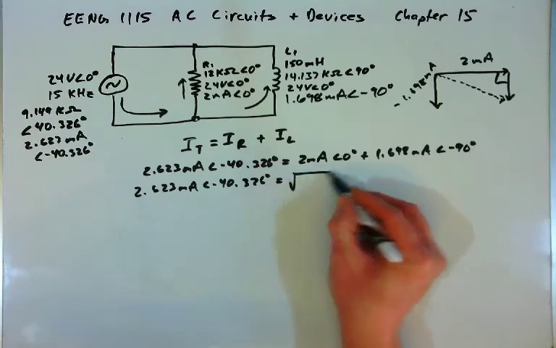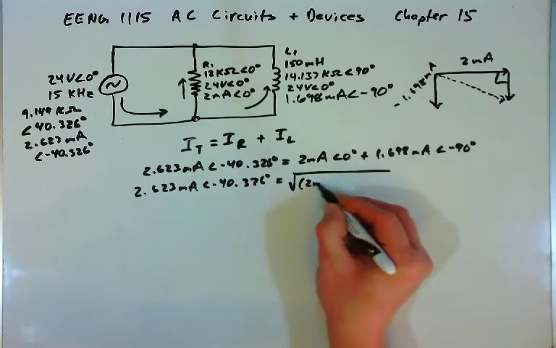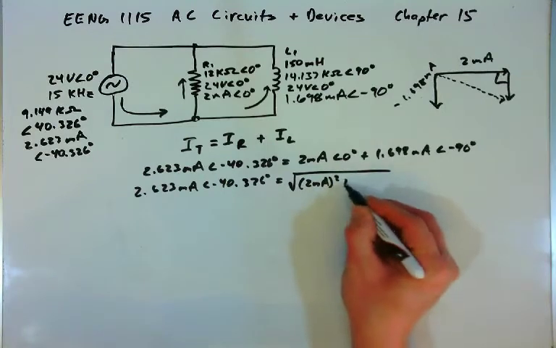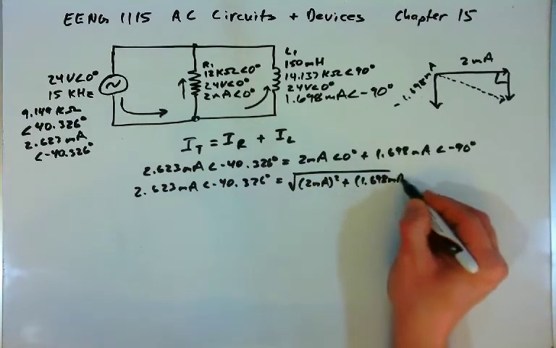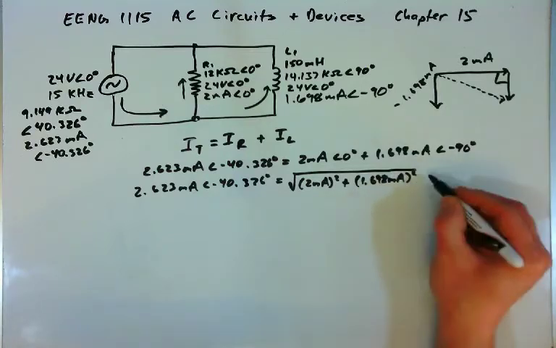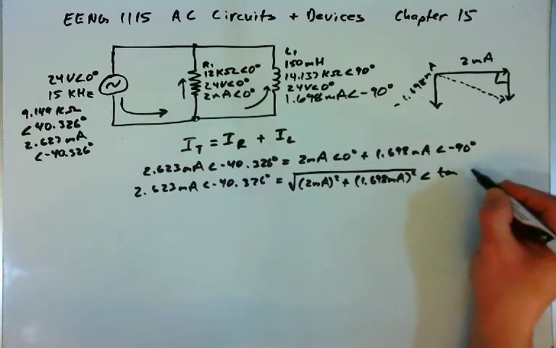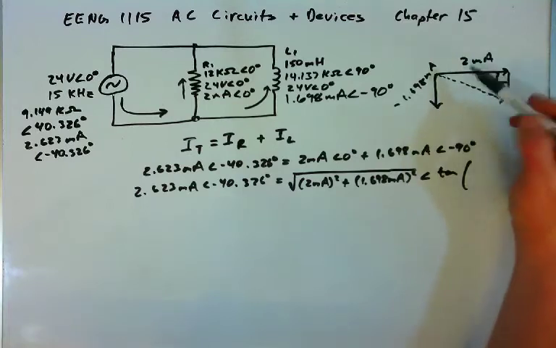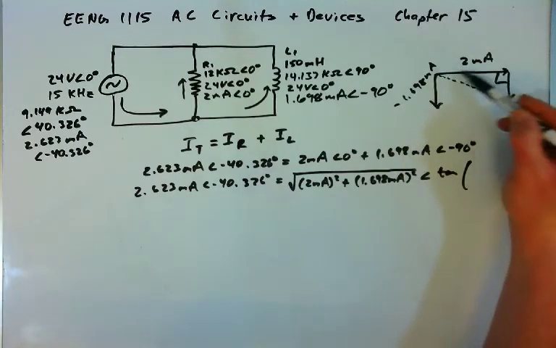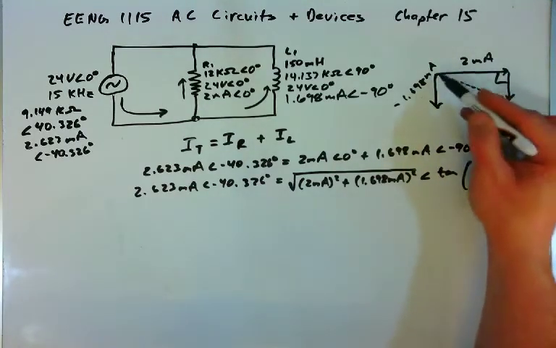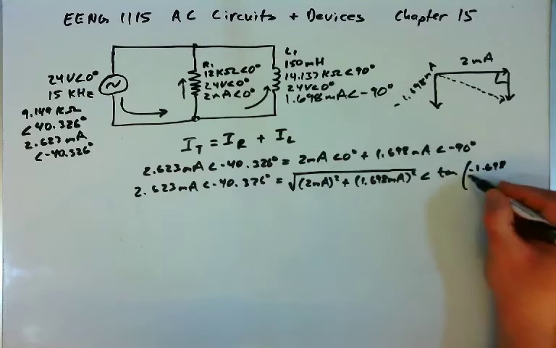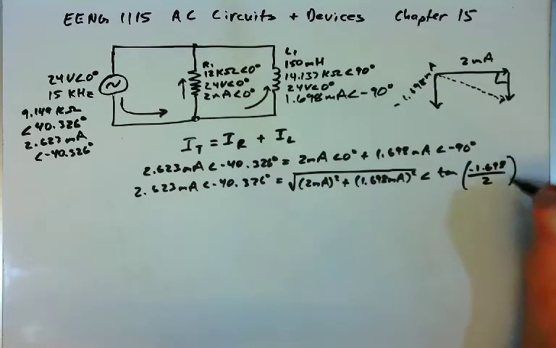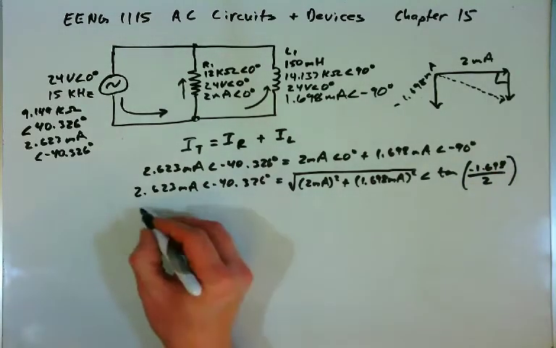We'll apply the Pythagorean theorem. It'll be the square root of 2 milliamps squared plus 1.698 milliamps squared. And the angle will be the inverse tangent, always y over x. So you can see that this is the y component, this is the x component. And again, the y component is negative, so it'll be negative 1.698 milliamps divided by 2 milliamps. The milliamps will cancel.